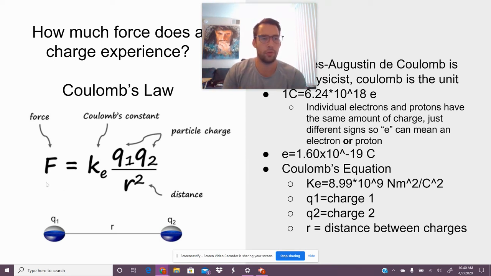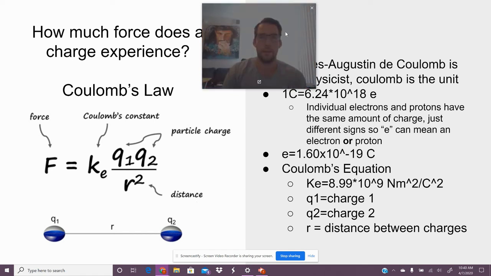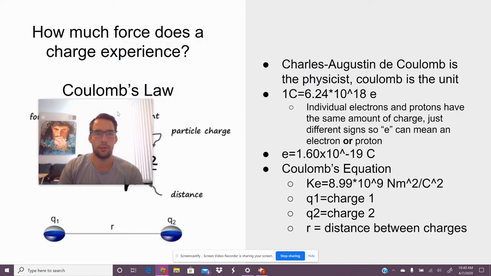So we have force equals a constant here, Coulomb's constant. Coulomb's constant is equal to 8.99 times 10 to the 9th. Then that constant times the absolute value of the particle charges, divided by the distance between them squared. So let's go ahead and practice a few of these.